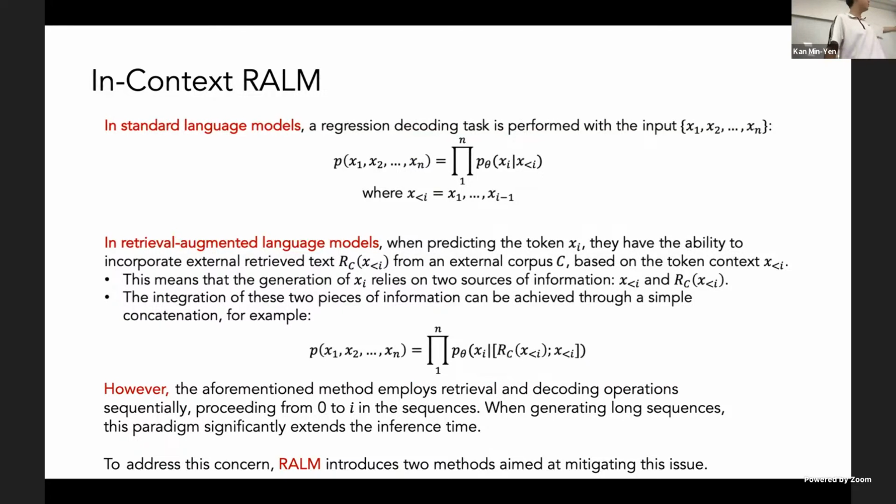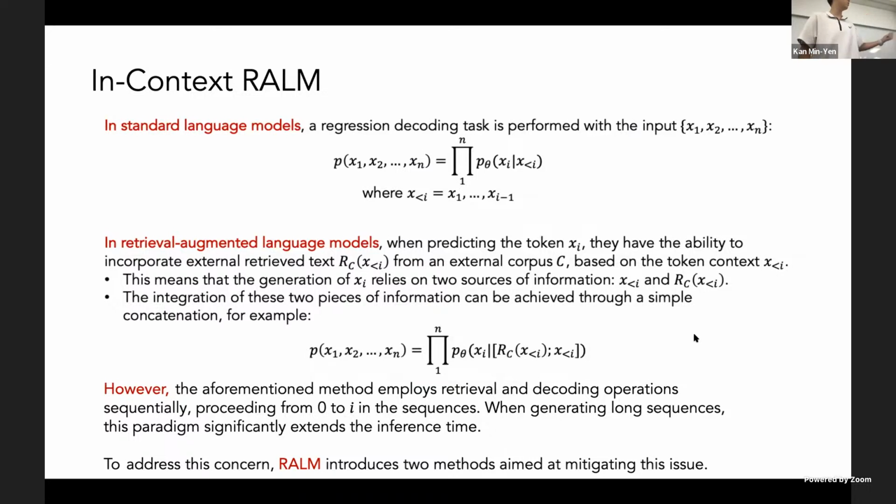And the second equation shows that in the retrieval augmented language model, the prediction of the next word is not only based on all the previous words, but also based on the retrieved text. So it relies on two sources of information: one is the past text and another is the retrieved text.